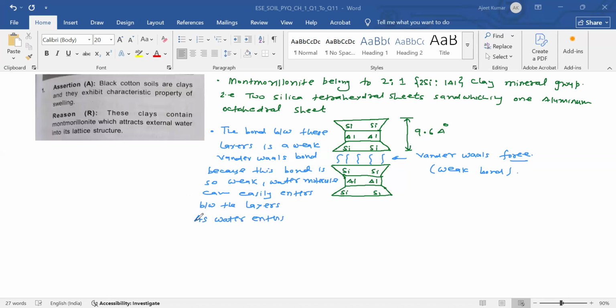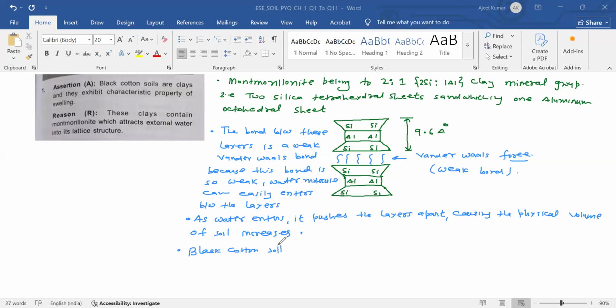As water enters, it pushes the layers apart, causing the physical volume of the soil to increase.